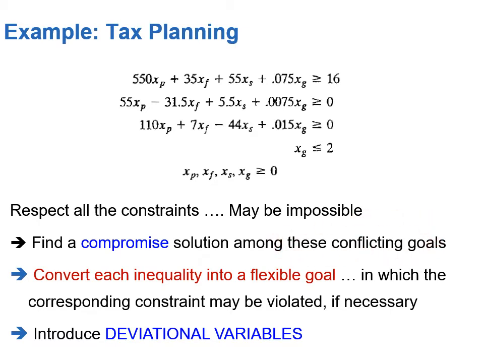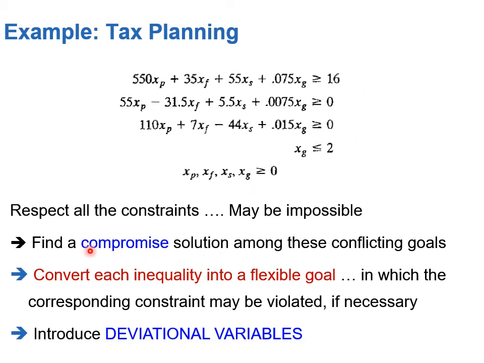The goals are conflicting because it may be like this. If you want to satisfy this, then you cannot satisfy the first one because you want to keep the tax rate for the gasoline less than 2 cents. And since this amount is less than 2 cents, maybe it's impossible to reach this value. Okay, so they are conflicting.